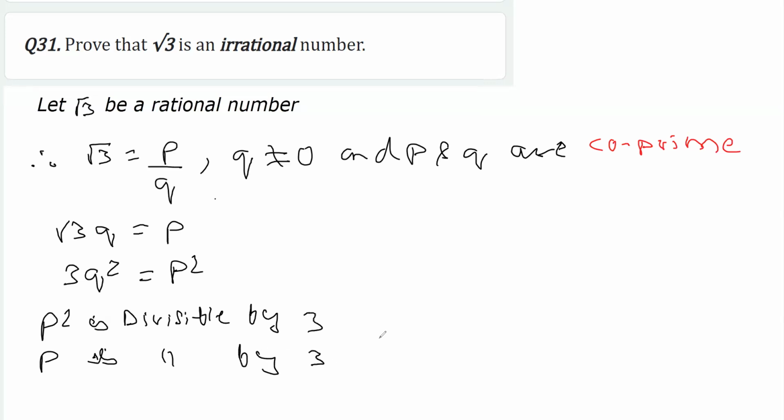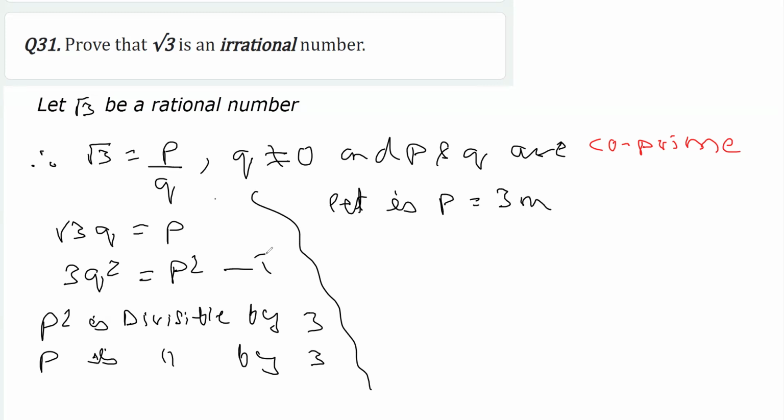Now, in the next part, we know that P is divisible by 3. So we can write that P is some multiple of 3, say 3m.